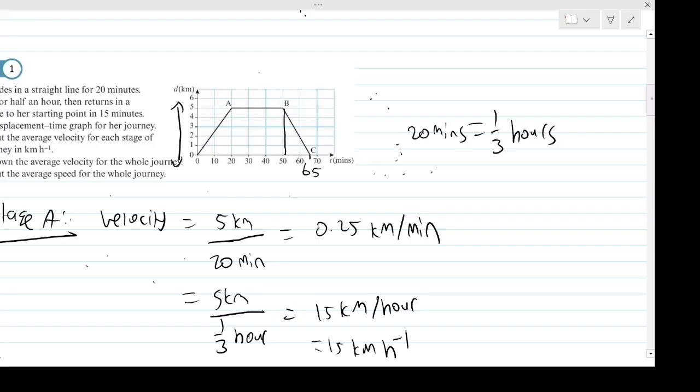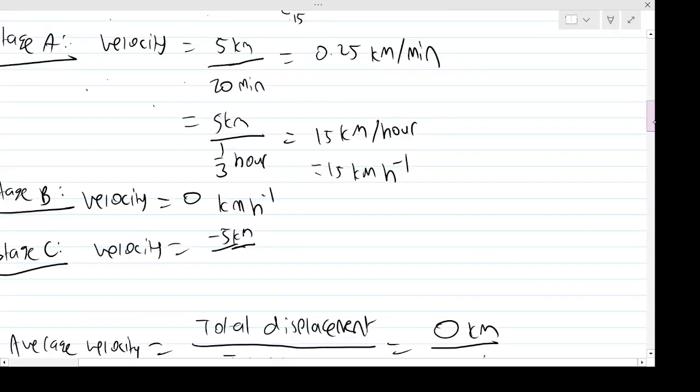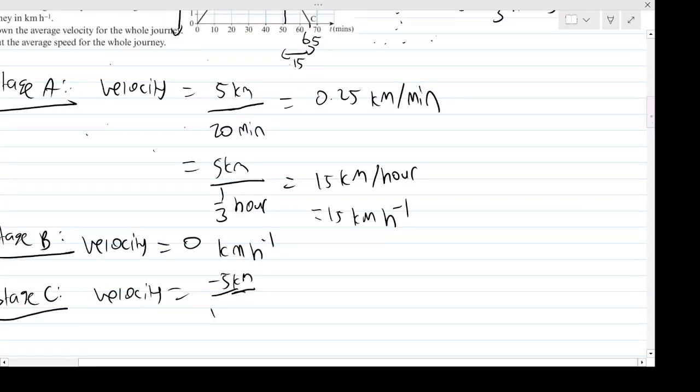So we've gone from 50 minutes to 65 minutes, so that'd be 15 minutes there, okay? So that'd be over 15 minutes. Now, obviously we want it in kilometers per hour, so that'd be minus 5 kilometers over, well, 15 minutes. Again, you should know that's a quarter of an hour. So then if we do minus 5 divided by a quarter, we get minus 20. So minus 20 kilometers per hour.